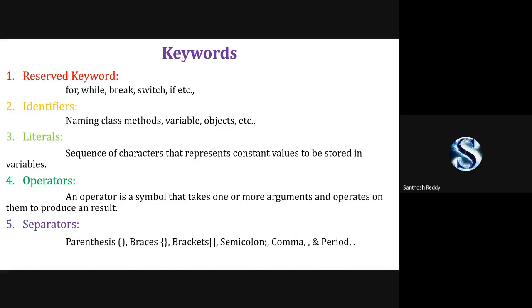If you use that particular keyword for anything else, it will show an error. Like for: if you use for as a variable name, it throws an error. While, break, switch, if, else, continue, case, default, all these are your reserved keywords. You cannot use them in your program for any other purpose.